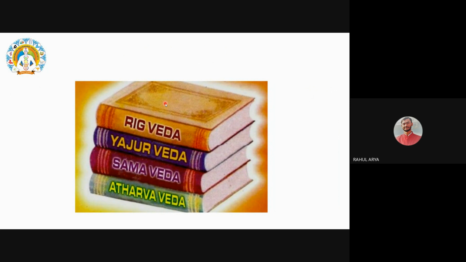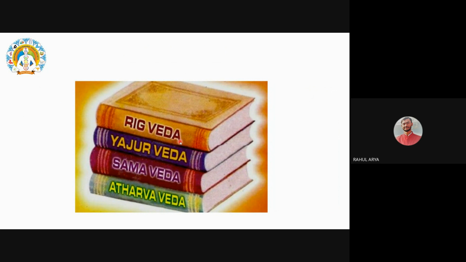When you study Maharshi Dayananda Saraswati, whose name our academy also carries, he commented on all the Vedas. He also commented on the Bible and Quran. He commented on the Bhagavad Gita.